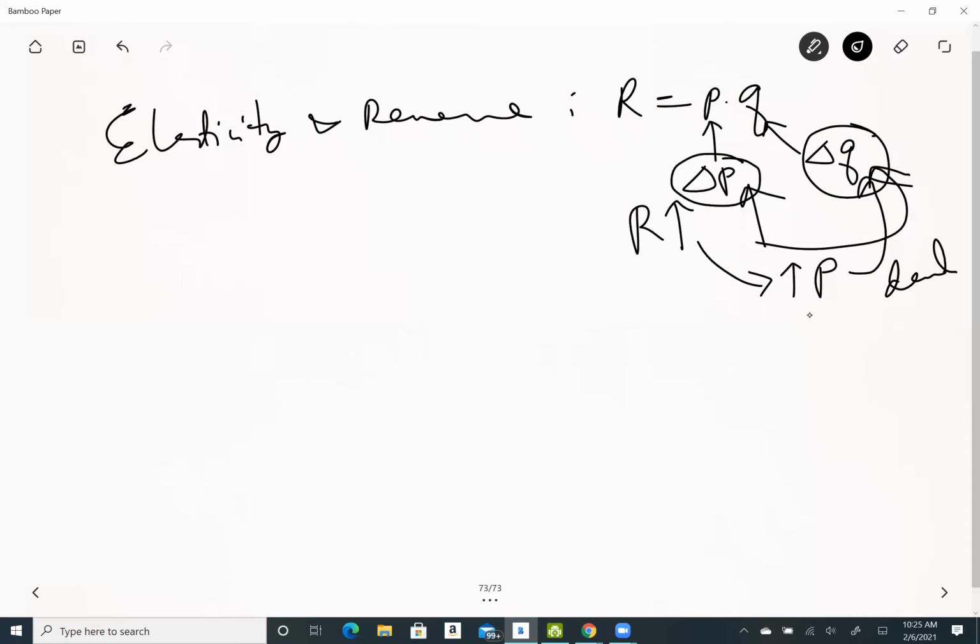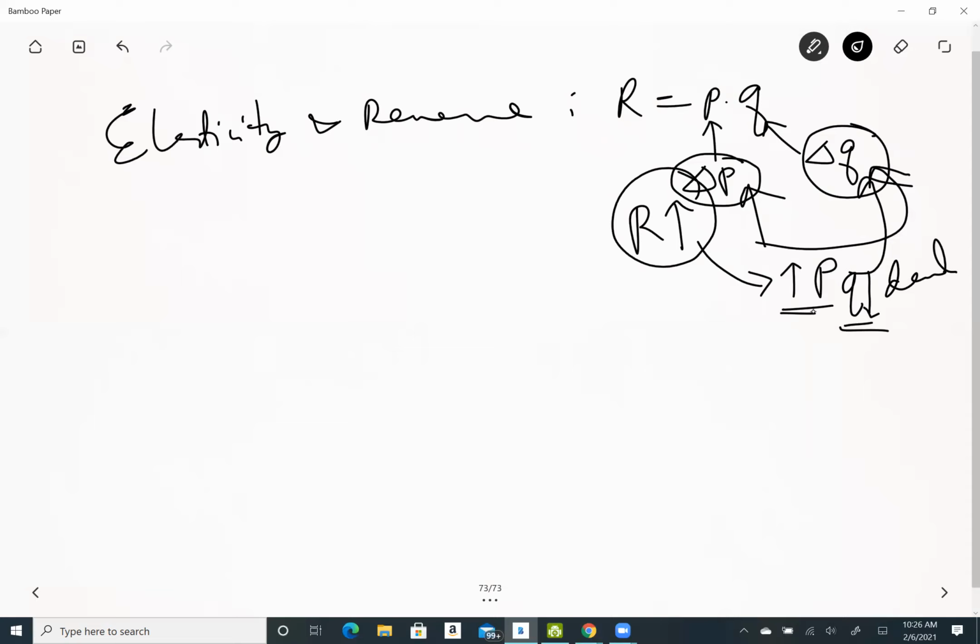So delta Q would be what? Will be going down. So now what you need here is you want to balance up the increase in the price and the decrease in the quantity, so that your revenue will go up. So you have to balance up.